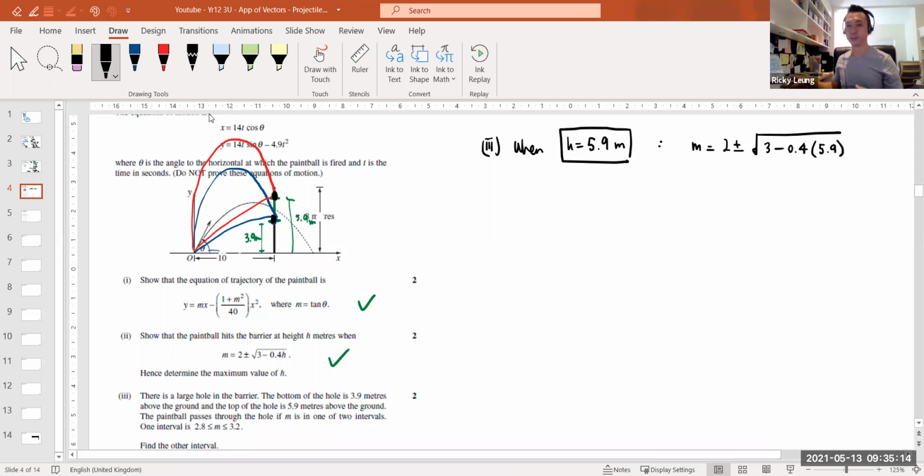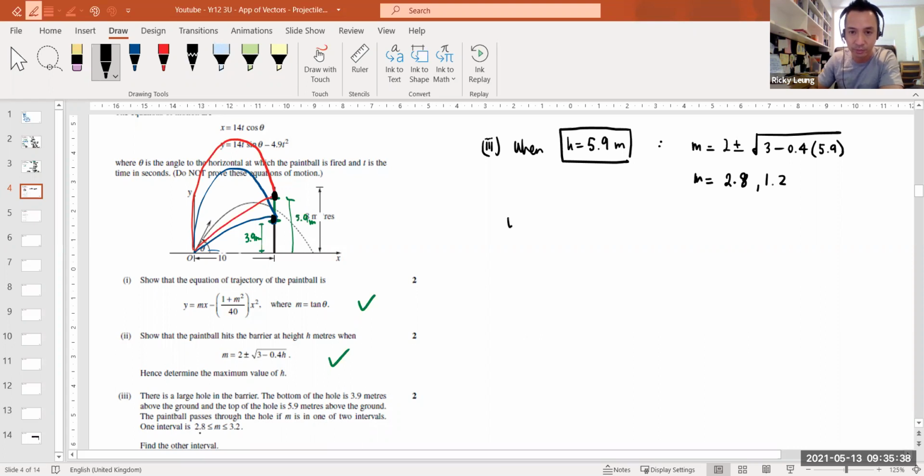If you punch both of these in your calculator, I think you get 2.8 or 1.2. Now see that 2.8? That's the bottom range of this guy here, and I'll explain what that means in a sec.